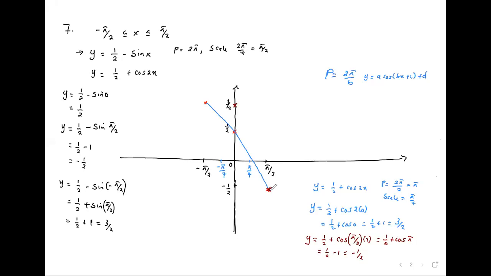So at pi over 4, let's see at pi over 4, y is going to be half plus cos 2 times pi over 4. So we get half plus cos pi over 2. Now cos pi over 2 is 0. So we would have gotten half. Okay, so it's half somewhere here.